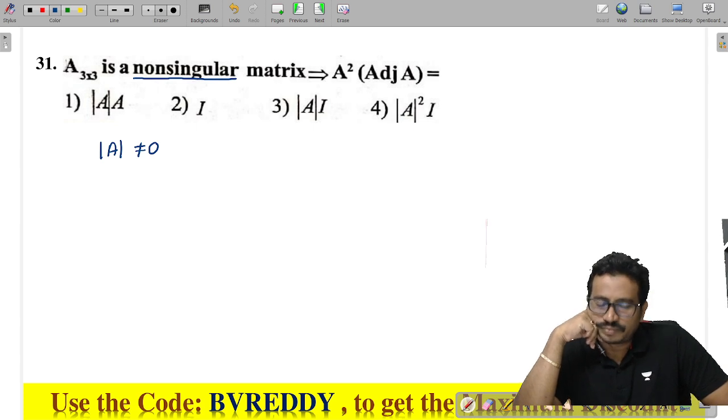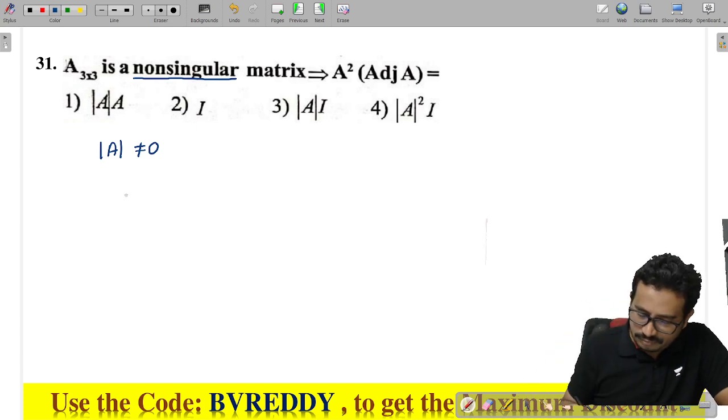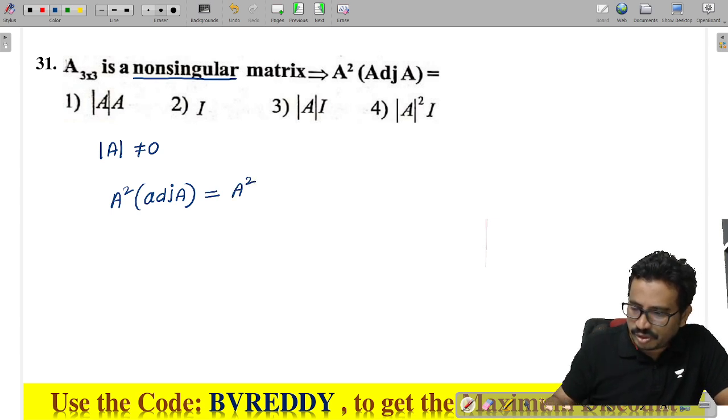And they are asking to find the value of A square into adjoint A.